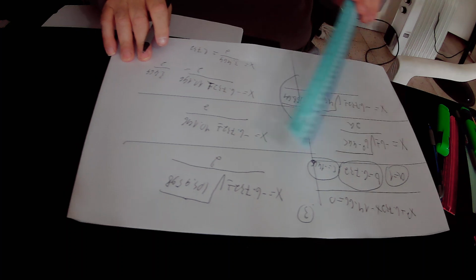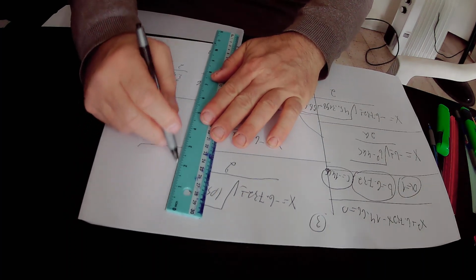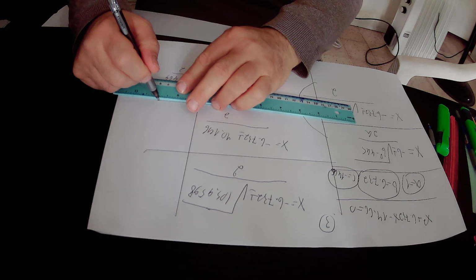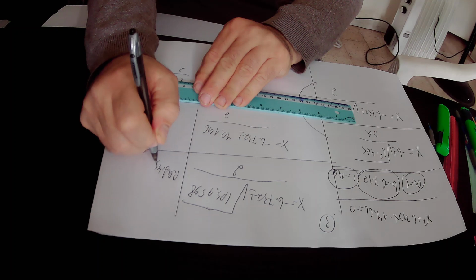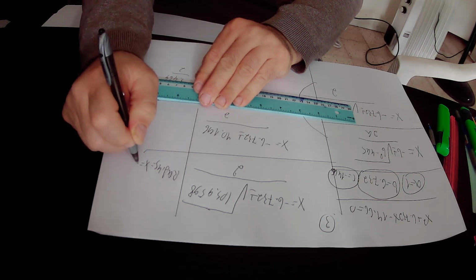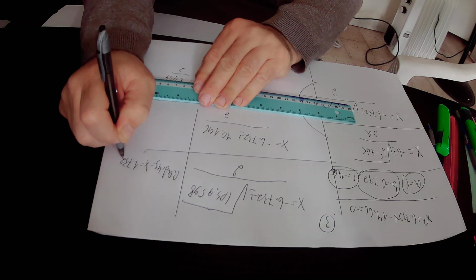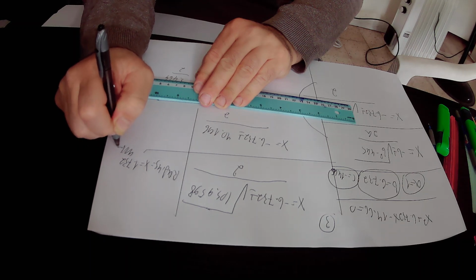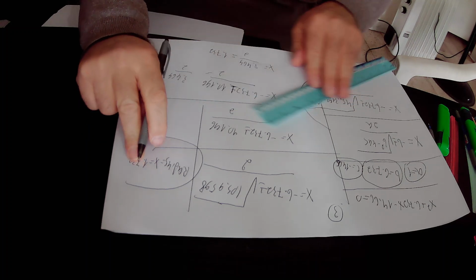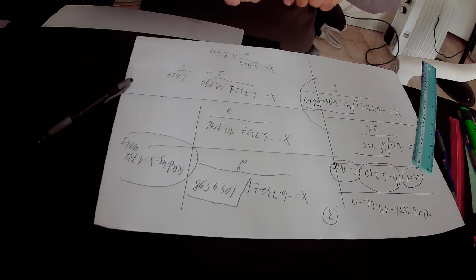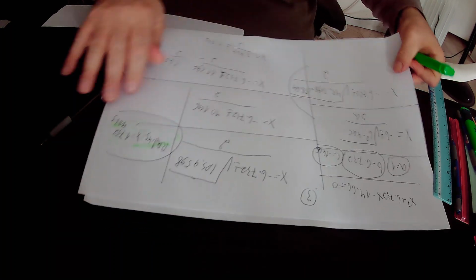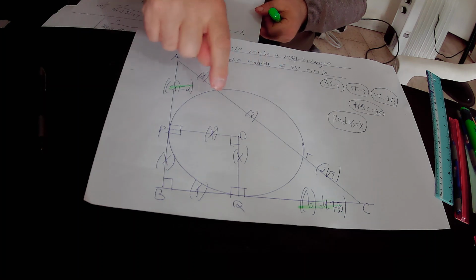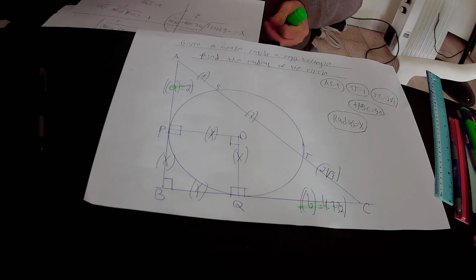In conclusion, we found out that the radius of the circle is equal to x, which is equal to 1.732 units. Repeat again. The radius of this circle x equals 1.732 units in its length.